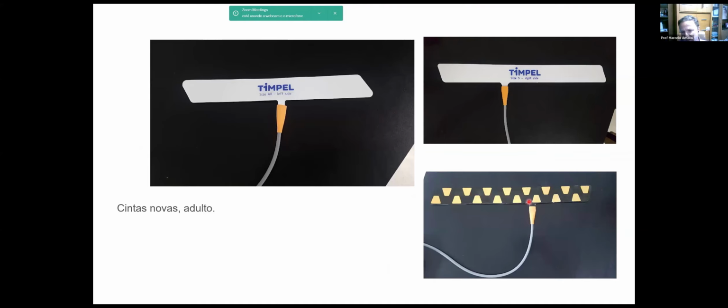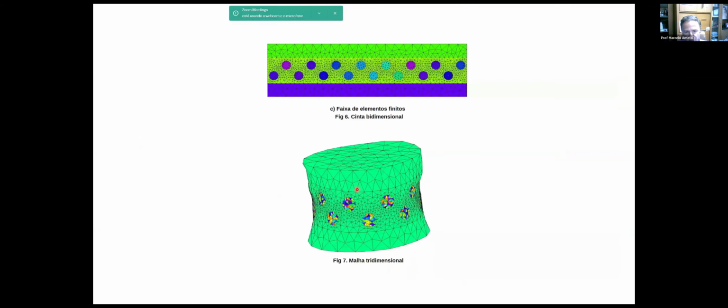For instance, the new belt for Timpel is going to use a different configuration, and then the slice thickness could be a little bit larger. But if you think about a thorax of a baby like this, and you have electrodes like this, the slice thickness is going to be almost the entire length of the lung in terms of cranial-caudal distance.